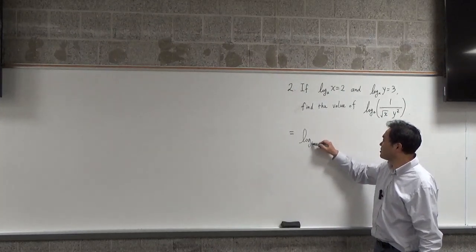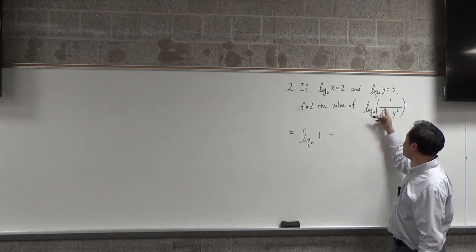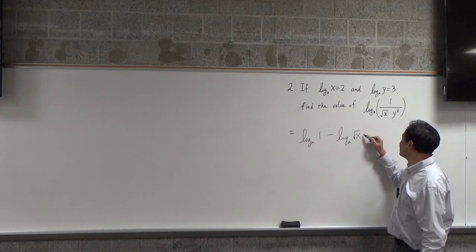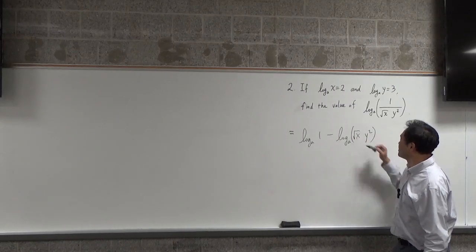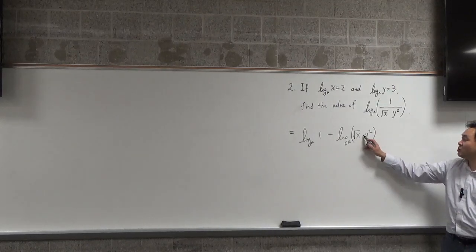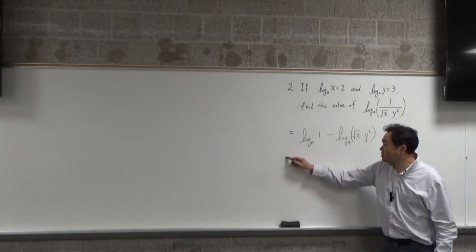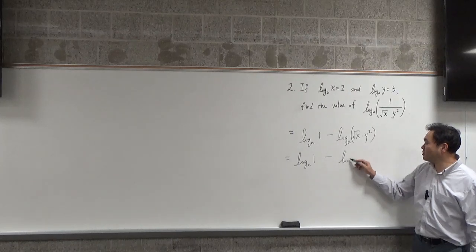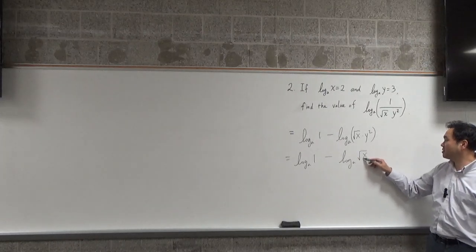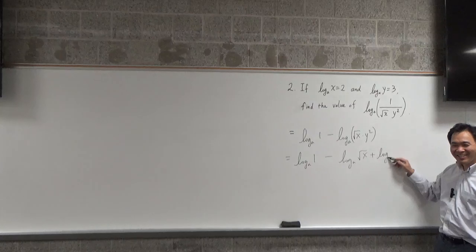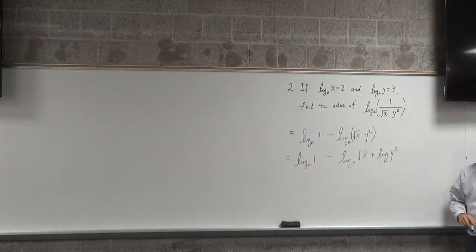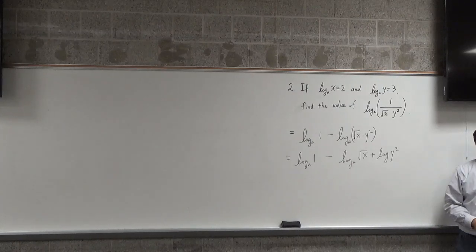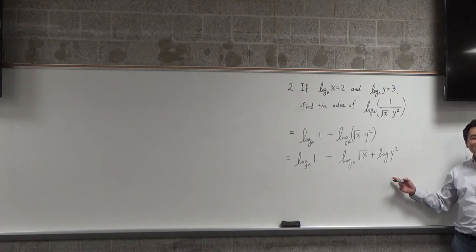Division splits into subtraction. Now I see a multiplication. How does that split? Addition. You're forgetting the parentheses. What mistake did I make?